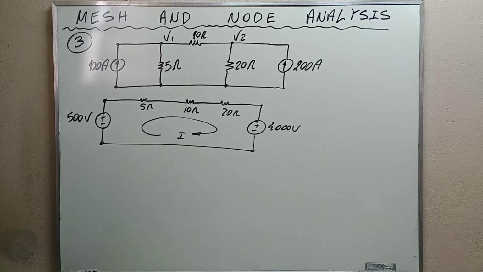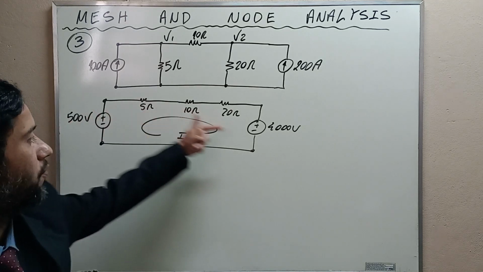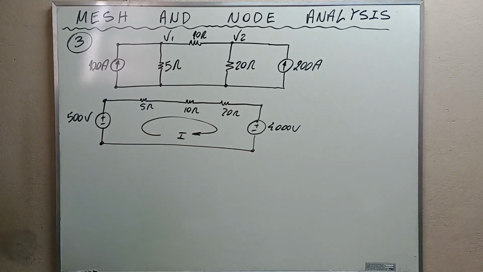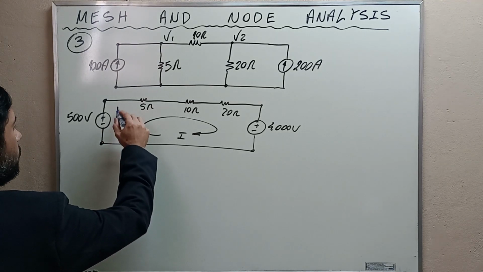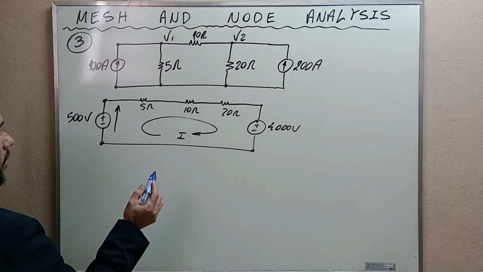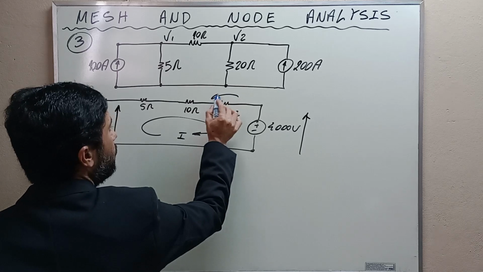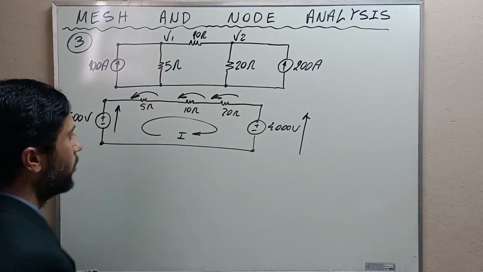And we can choose the direction of the current from left to right or from right to left. It doesn't matter, okay? And in this way, this voltage here will be equal to this voltage here plus this voltage drop plus this voltage drop plus this voltage drop, okay?